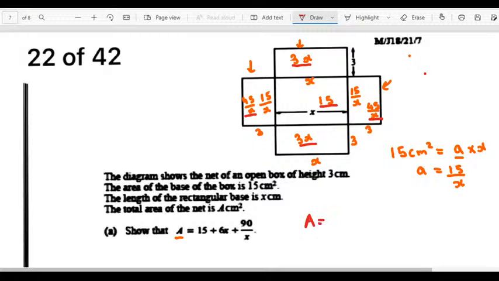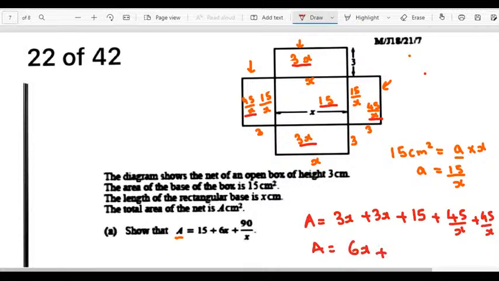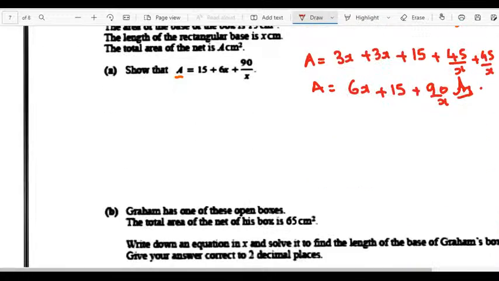So A is equal to 3x plus 3x, because we have 2 3x, plus 15, that is the base, plus 45 by x plus 45 by x, and A is going to be 6x plus 15 plus 90 by x, right? So this would be the answer, and we have shown this, right? So are you guys okay with it? Yes, ma'am. Okay. Let's talk about another question.